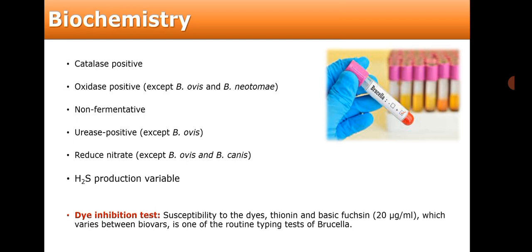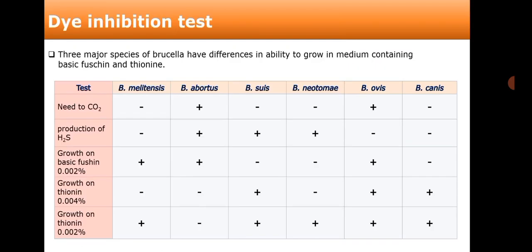Susceptibility to the dyes thionine and basic fuchsin at a concentration of 20 microgram per ml, which varies between biovars, is one of the routine typing tests of Brucella, also known as dye inhibition test. Major species of Brucella have differences in ability to grow in the medium containing basic fuchsin and thionine, which has been described in this table.